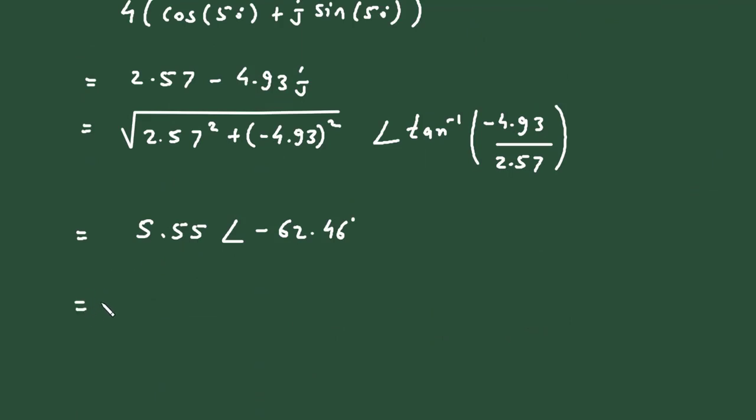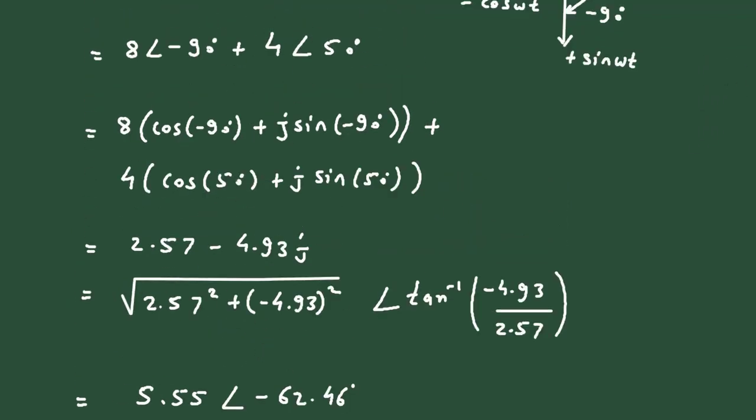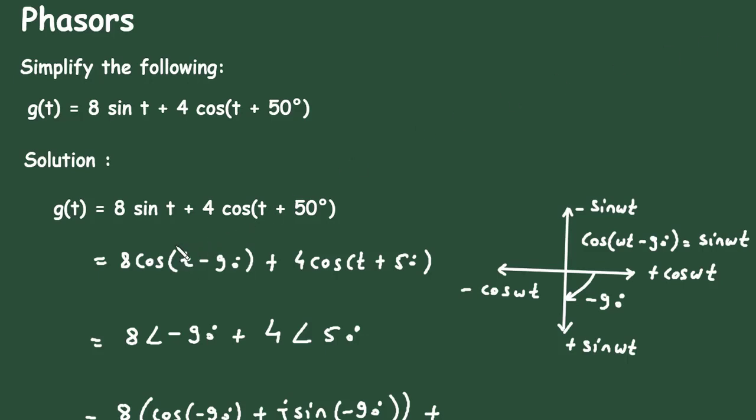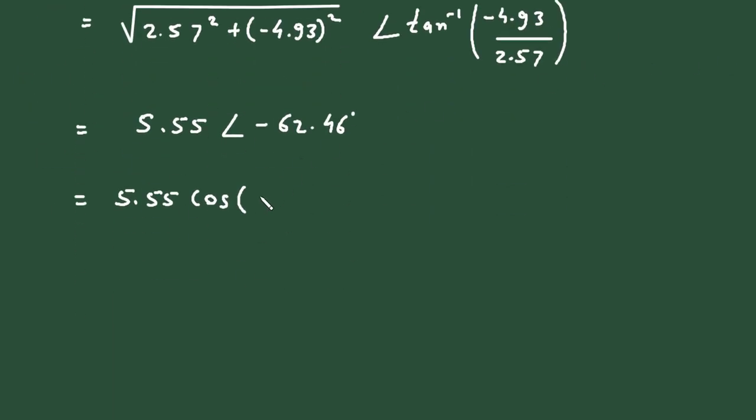Now we can convert this into its equivalent sinusoid. So it will be 5.55 cos omega t. The value of omega here we can see is 1, so 1t, here also it is 1t. So both omega are same, so it will be only 1t.